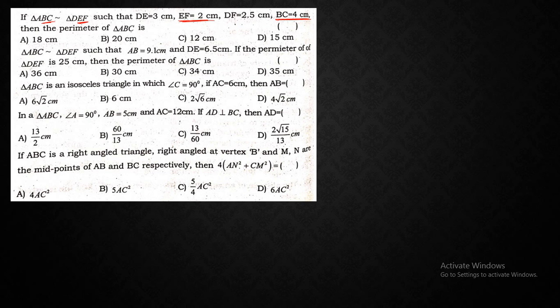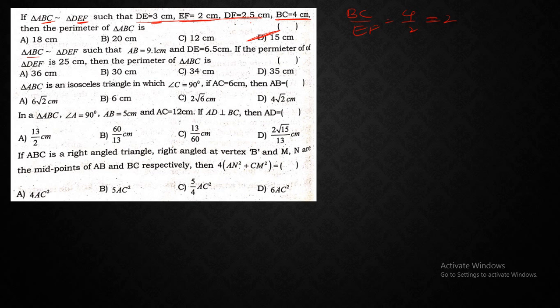BC by EF is 4 by 2, which gives me 2. If I take the perimeter of this triangle and double it, my answer will come. So 3 plus 2 is 5, 5 plus 2.5 is 7.5. 7.5 doubled is 15. So the answer is 15 centimeters.